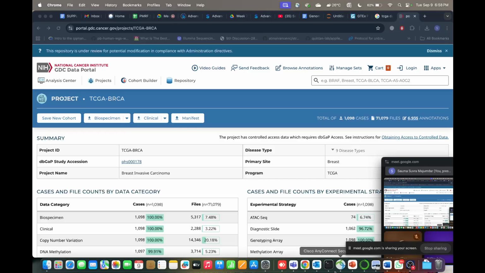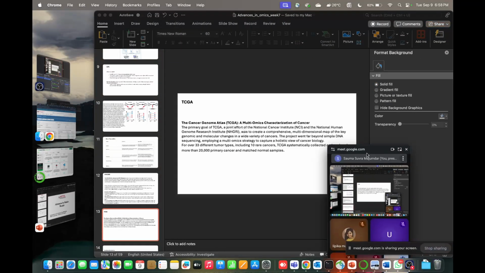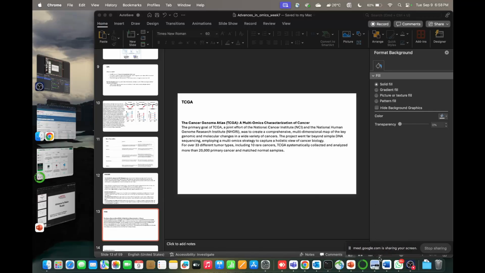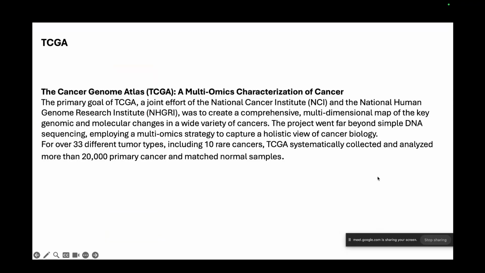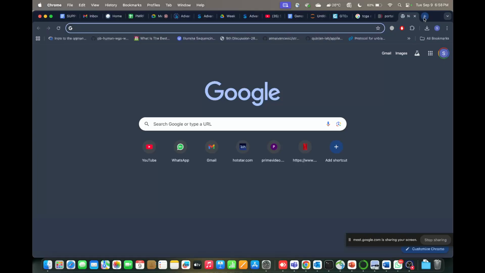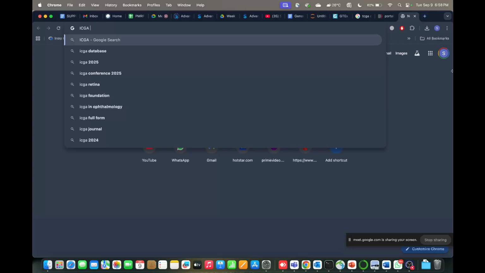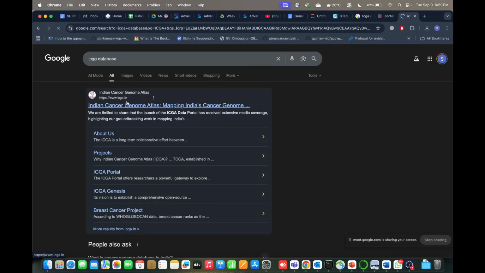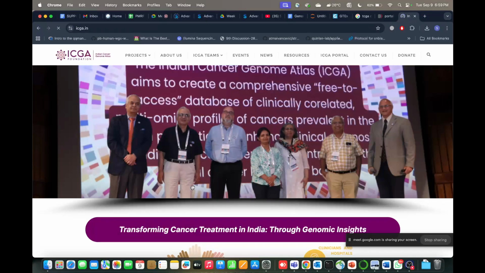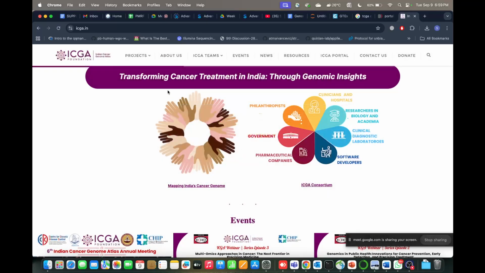So this is the TCGA portal, and it's one of the most widely used databases for genomic research in terms of cancer. We are kind of trying to build the Indian version of the TCGA database, which is known as the ICGA, the Indian Cancer Genome Atlas, looking at Indian genomes, that is, Indian individuals that have cancer.